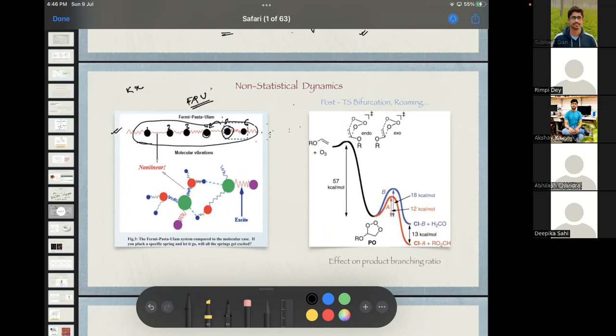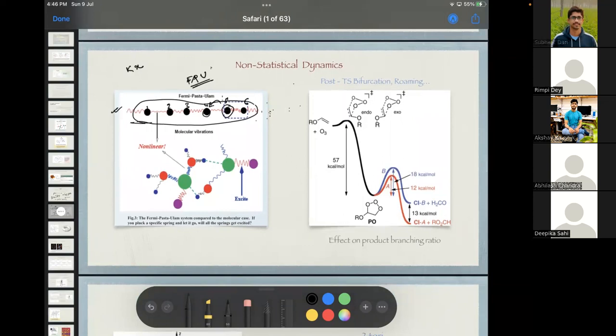That is the clear observation of deviation from statisticality. Now, this is a linear oscillator type, where just n oscillators are coupled in a nonlinear fashion.